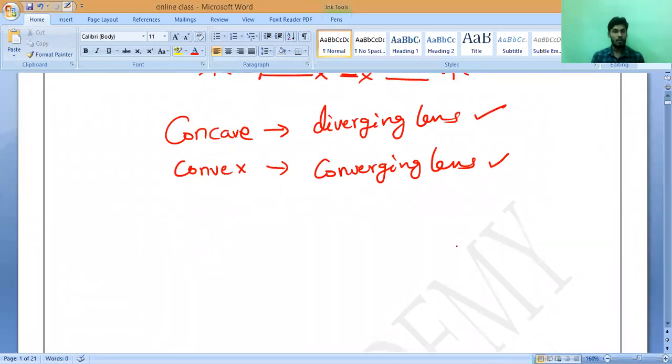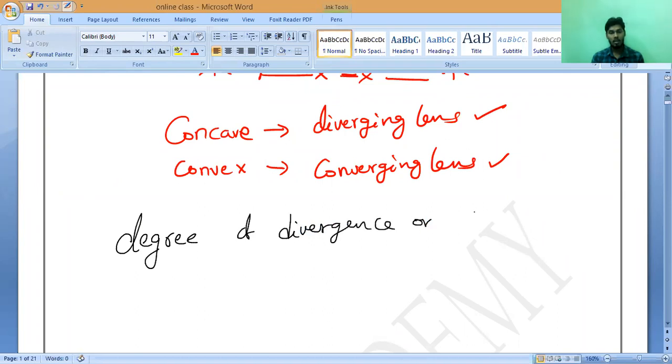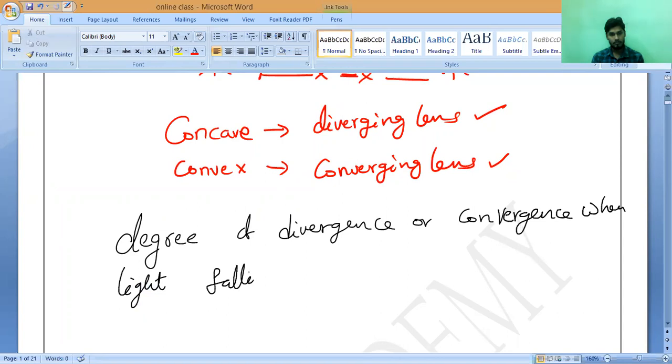The power of a lens is the measure of the degree of divergence or convergence of light falling on it.